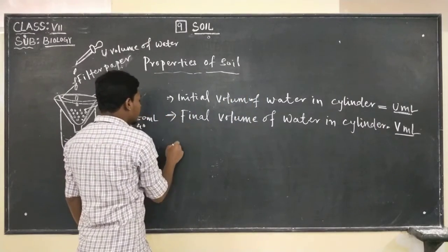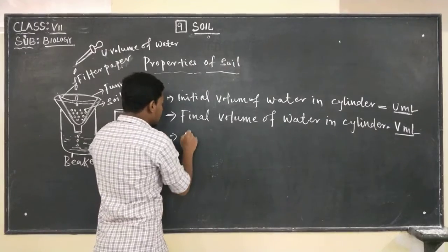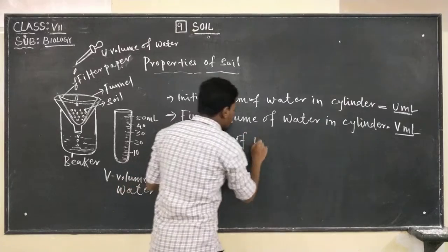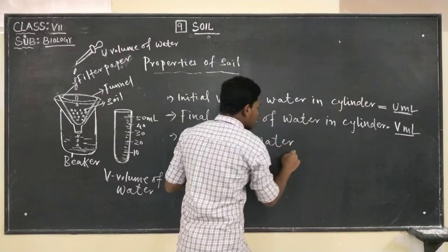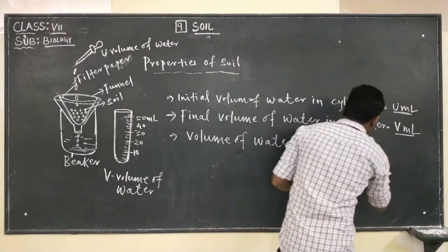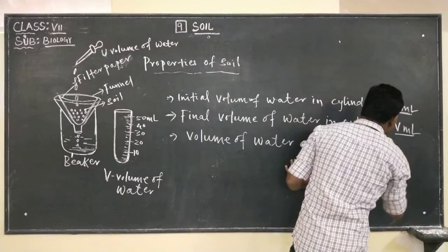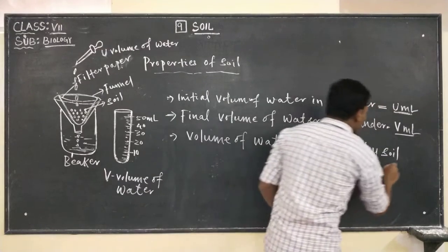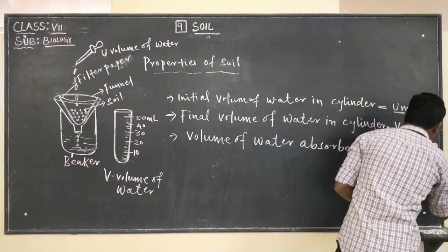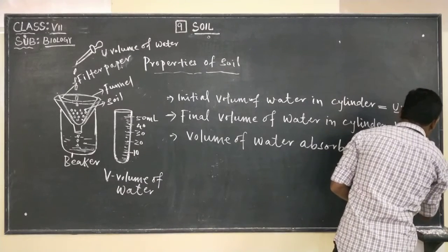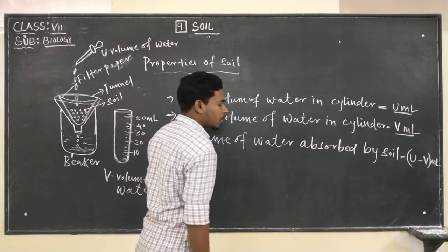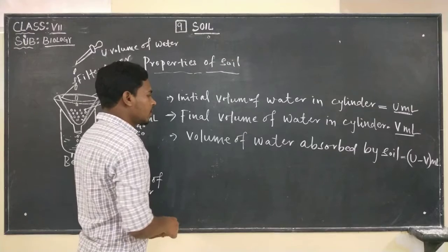And the volume of water absorbed by soil, let me write it as U minus V ml. Volume of water absorbed by soil is U minus V ml.